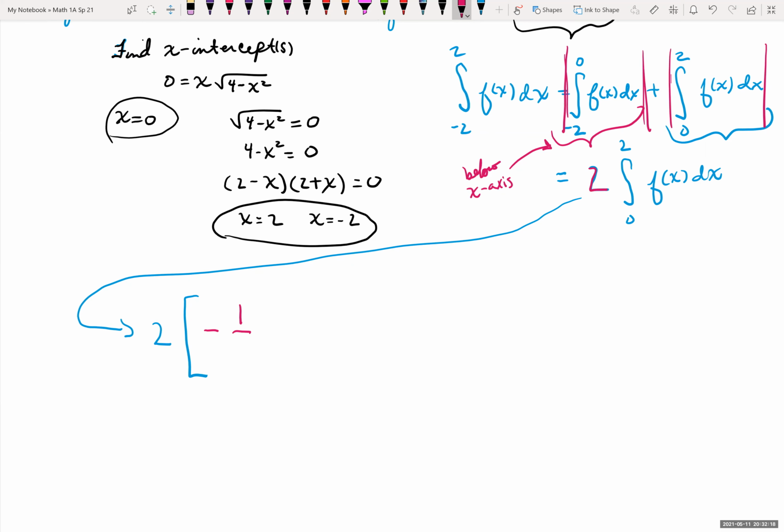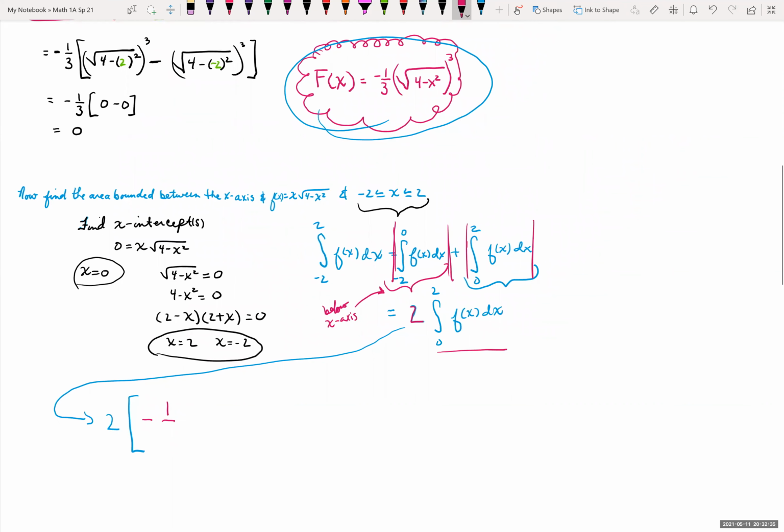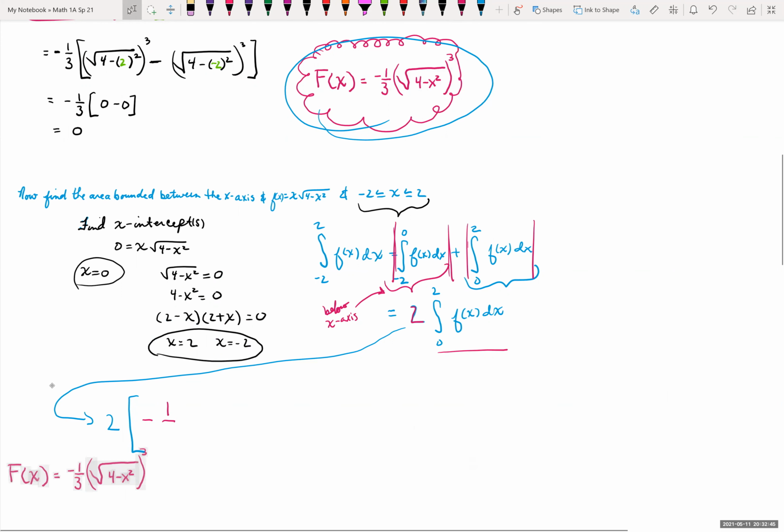But look at this, this was above the x-axis, so when I take the antiderivative of this f of x and evaluate it from 0 to 2, I should be getting back a positive number. And so we had already found what the antiderivative was, and I'm just going to pull it down, it's this piece here from previously.